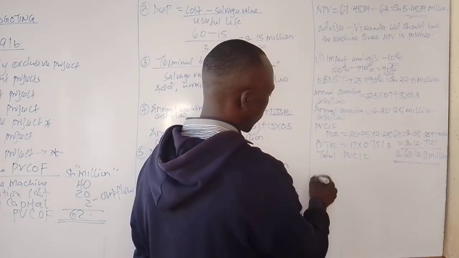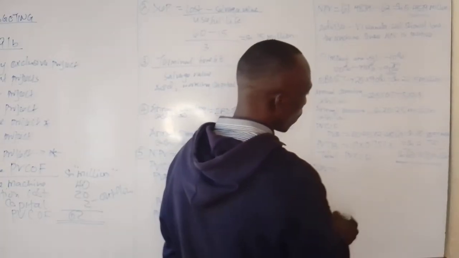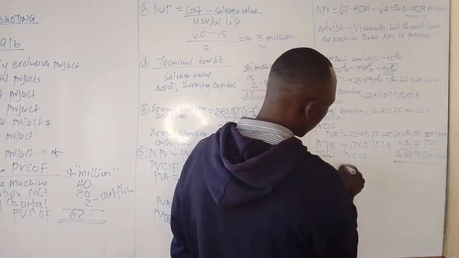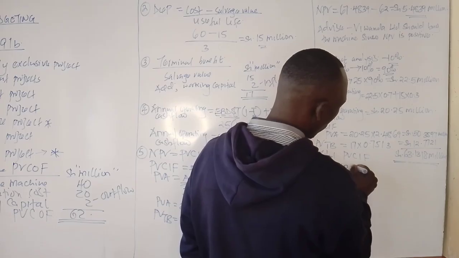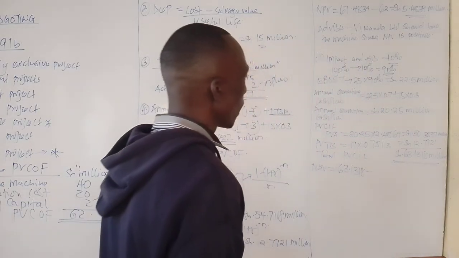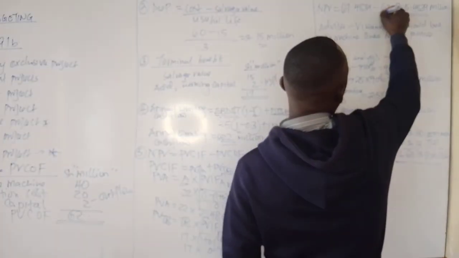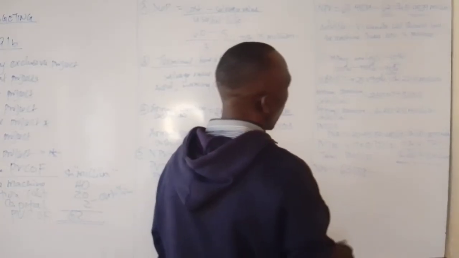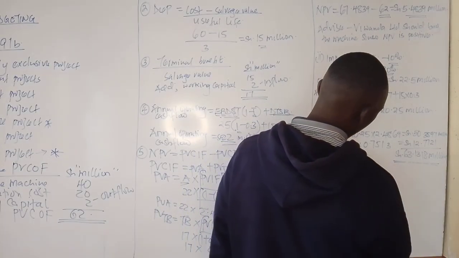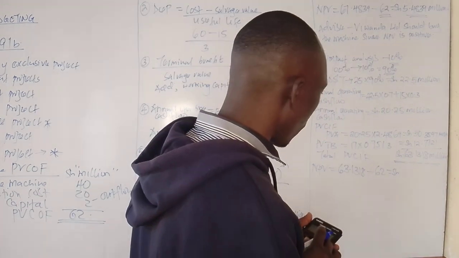Then we get the net present value. Our net present value will be given by the 63.1318. Then we less the outflow. Outflow was never affected, so our outflow remains. Our outflow is 62. So in this case, we will get an NPV of how much?